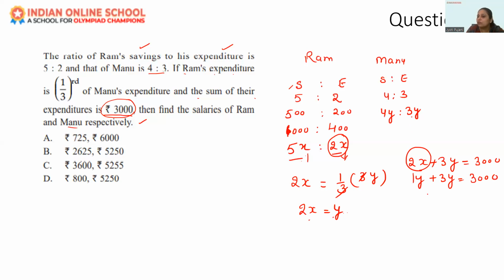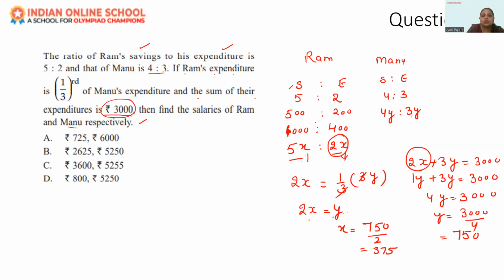We can add like terms, so 4y is equal to 3000. y is equal to 3000 by 4, that will be 750. Correct? And y is 750, so x is equal to y by 2, so 750 by 2 is 375.